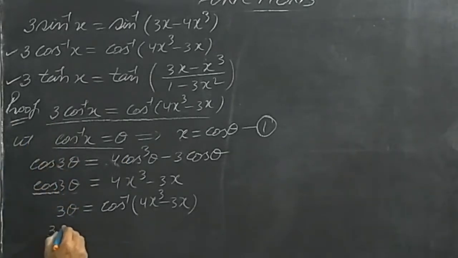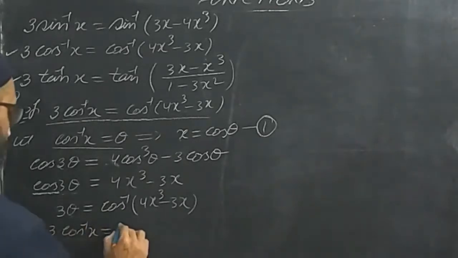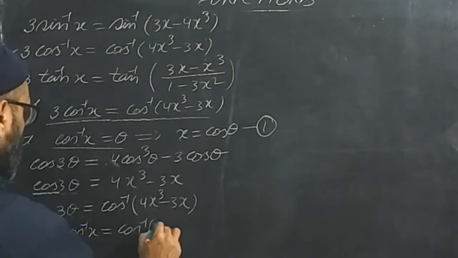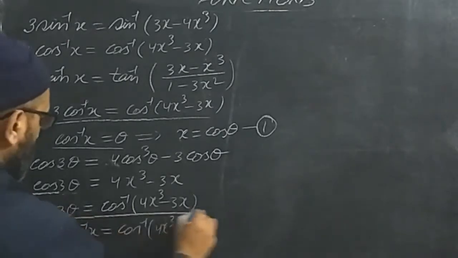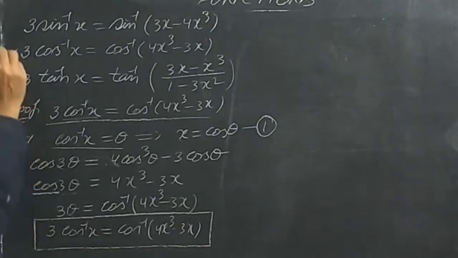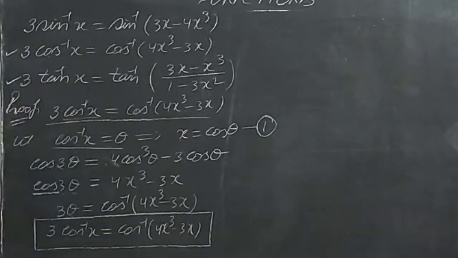So we get on the left hand side 3 cos inverse x, and on the right hand side cos inverse 4x cube minus 3x. So we have proved the second formula, that is 3 cos inverse x is equal to cos inverse 4x cube minus 3x. Now we have to prove the third one.